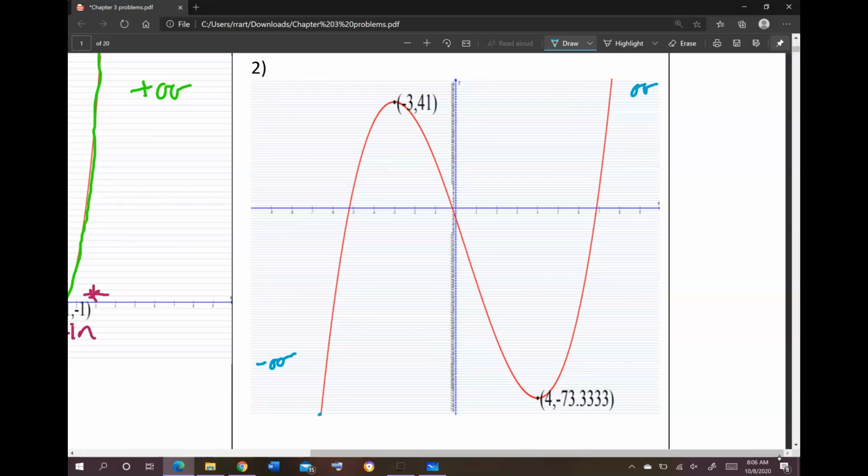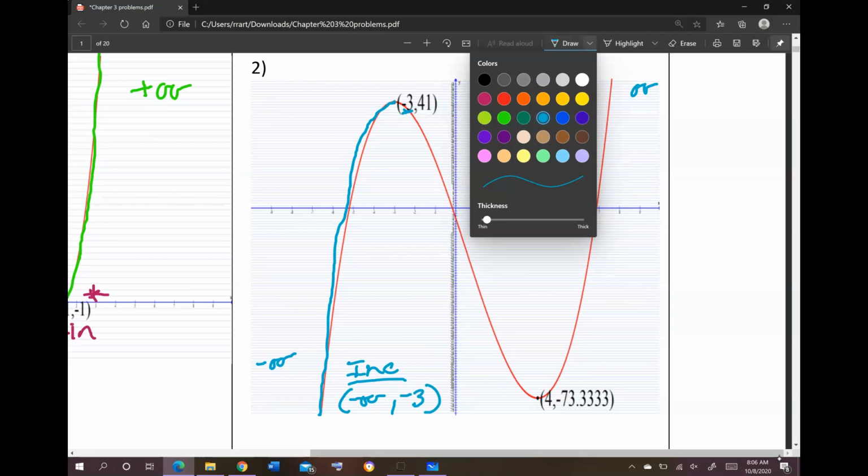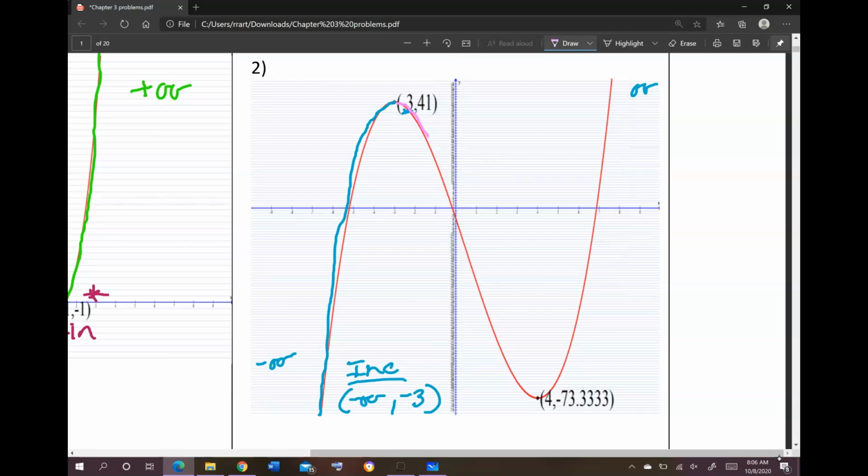I start with my pen, and I'm increasing, right? I'm increasing all the way to this first max, which is at -3. So far I've increased from negative infinity to -3. I'm at a max, so we know that's a turning point. I switch to decreasing, and I keep decreasing until I get to 4.